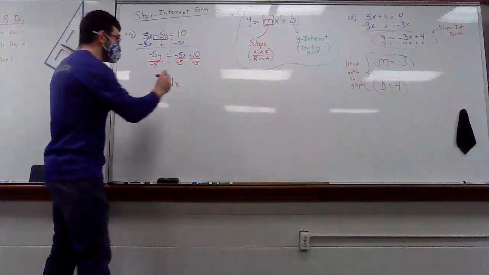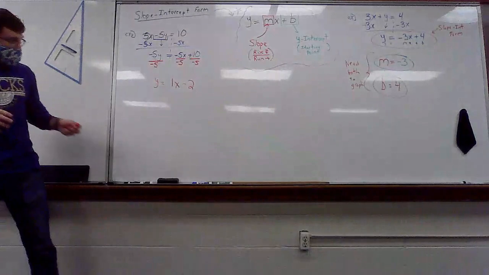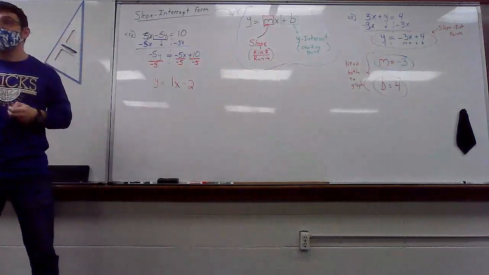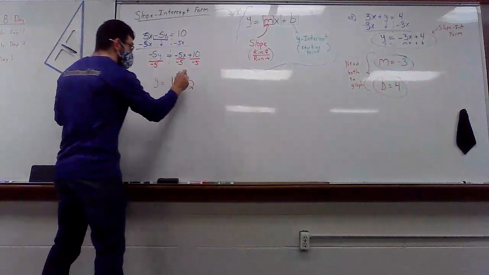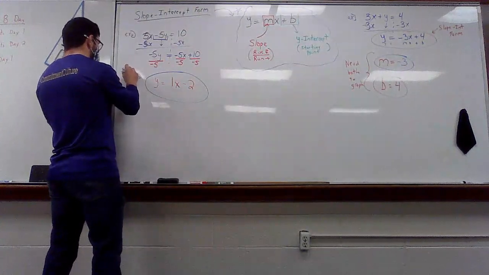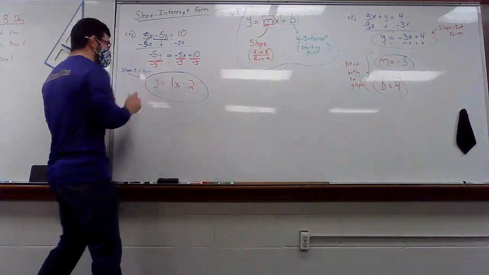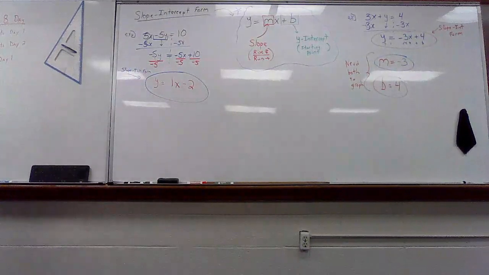Maya. Negative 2. Aha! Are we in slope-intercept form? Are we? Yes, we are. How do we know? Y is isolated. When y is by itself, we're in slope-intercept form.